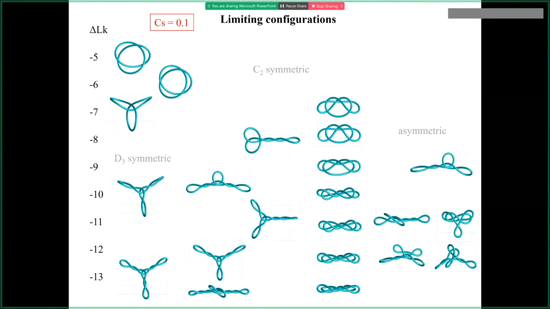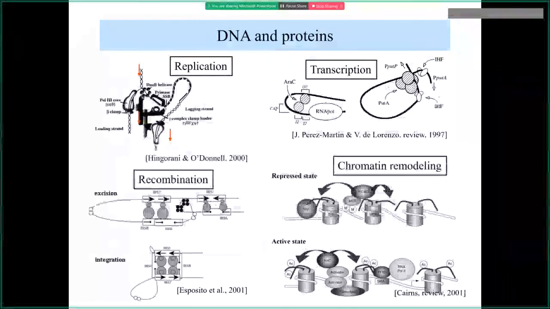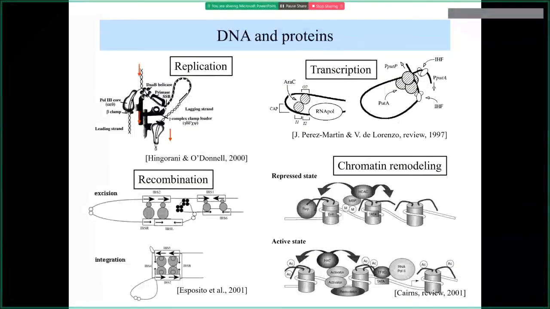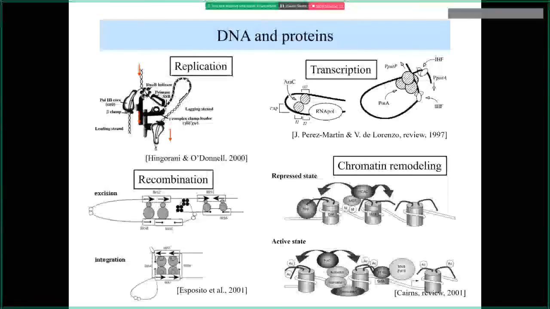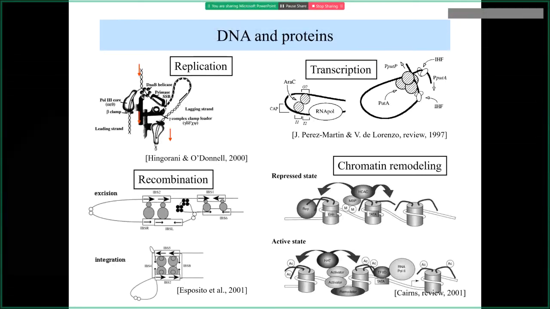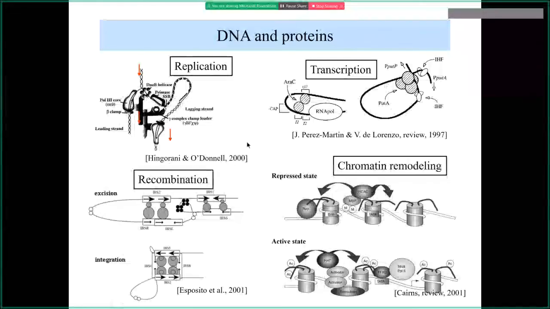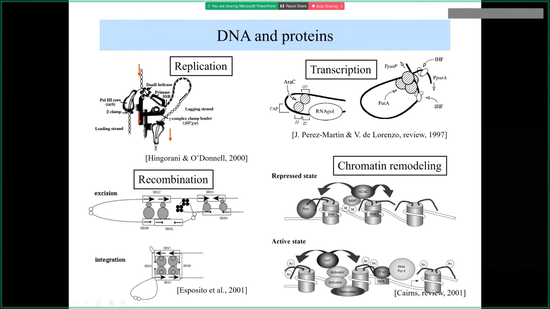So I'm going to go to the last part now, where I'm focusing more on the biological role of DNA and how supercoiling is reflected in that. So the main processes, of course, that DNA undergoes in cell are the replication, transcription, recombination, and in eukaryotic cells, chromatin remodeling.